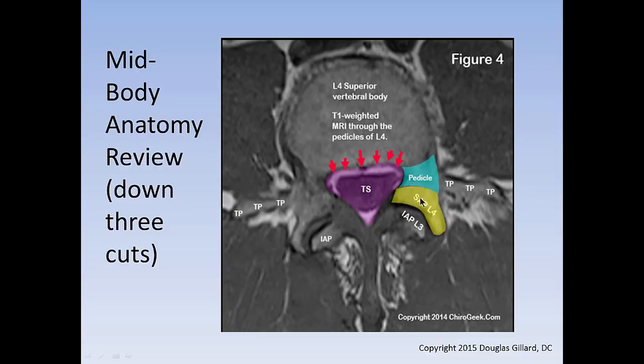Now the only thing different about this view, normally this would be the facet from below coming up, but now this is actually the superior articular process of L4, the same number. Now if this was a disc level cut, we'd see the superior articular process from the vertebra coming up from below. So that's the only difference here. So the inferior articular process of L3. Transverse processes, spinous process, laminae are right here. This is the vertebral canal. This is the thecal sac.